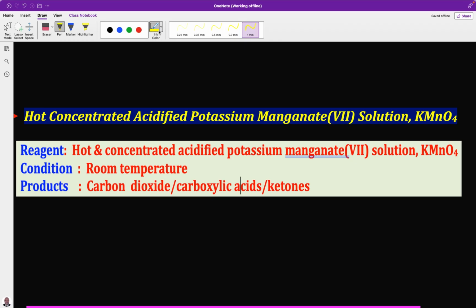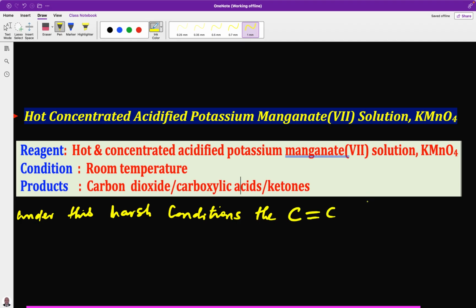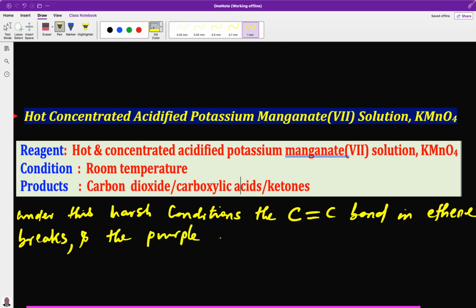For instance, under these harsh conditions, the carbon double bond in ethene breaks, and the purple color is decolorized.